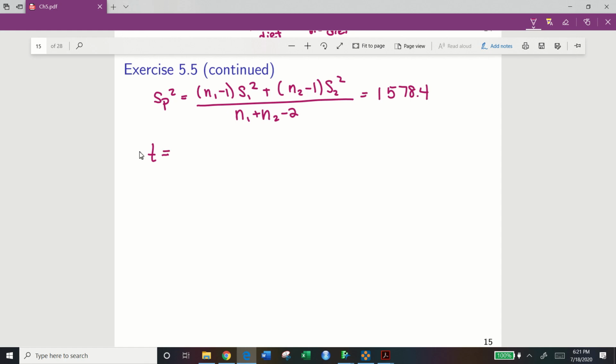T equals 904.6 minus 845.5 minus 0 over the square root of 1,578.4 multiplied by the quantity of 1 over 8 plus 1 over 10.